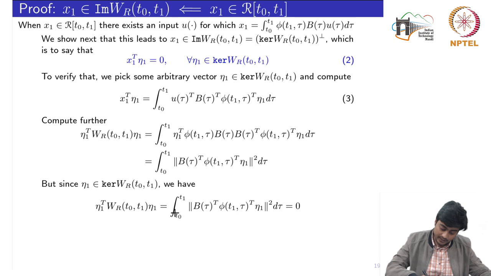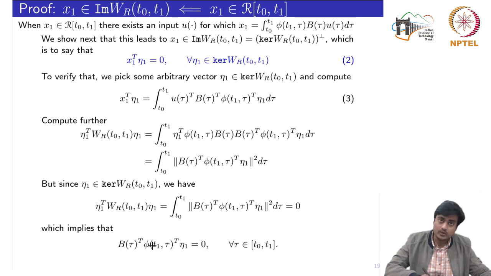So, we have some integral norm square is equal to 0. And by using the property of the norm, this could be 0 only if the vector inside the norm itself is 0. Otherwise it cannot be 0 for all tau belonging to T0 to T1.